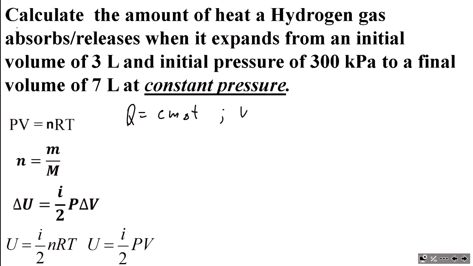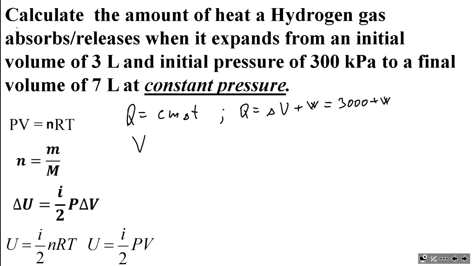But actually, faster, easier, more convenient is to just try using a different equation, the first law of thermodynamics, because we just found the change in the internal energy. If we can find the work, we just have to add 2 numbers, done. How can we calculate work?